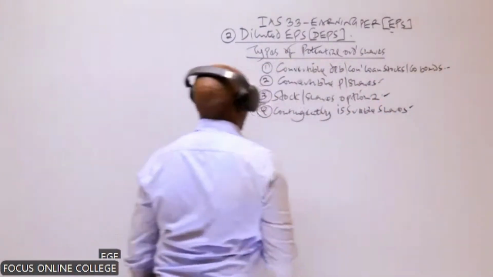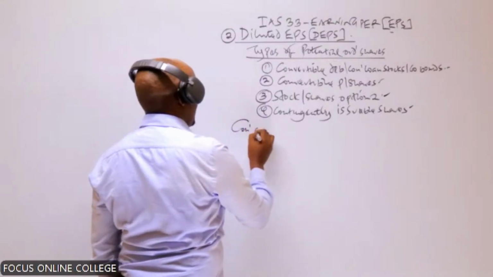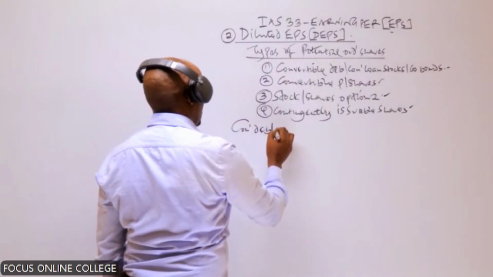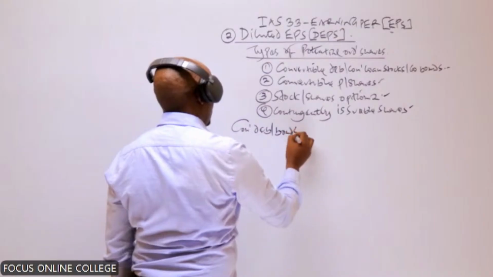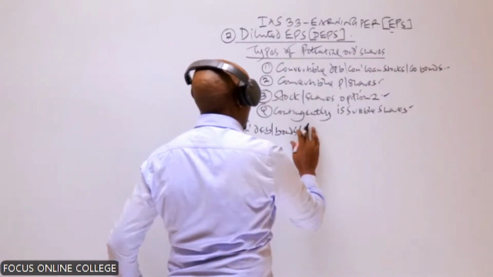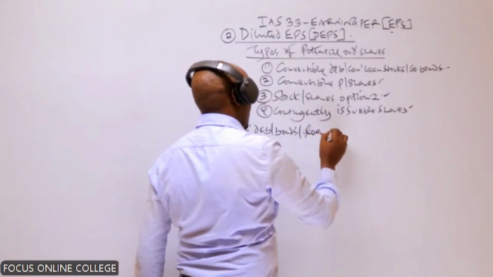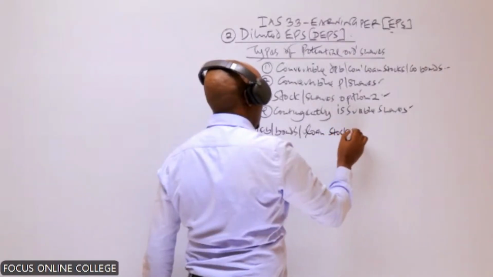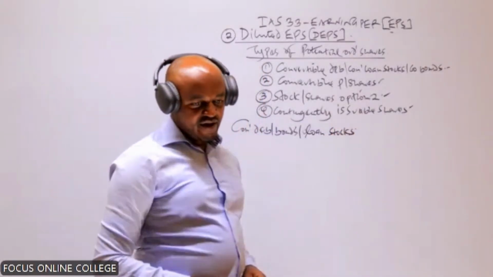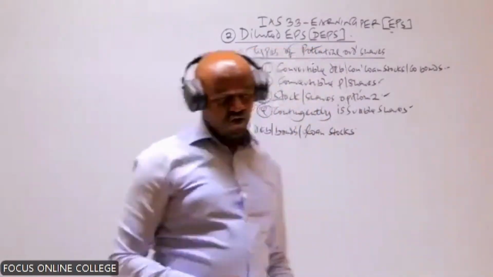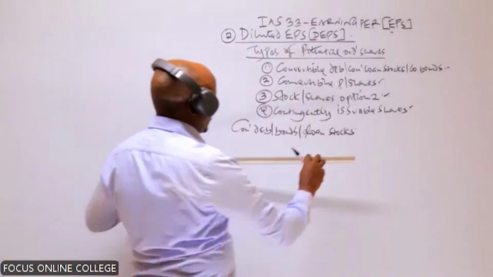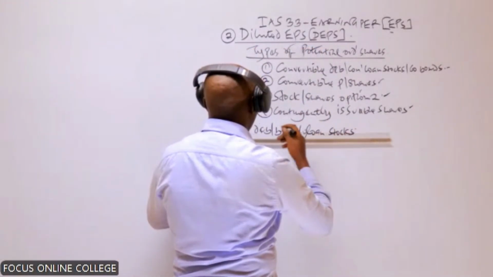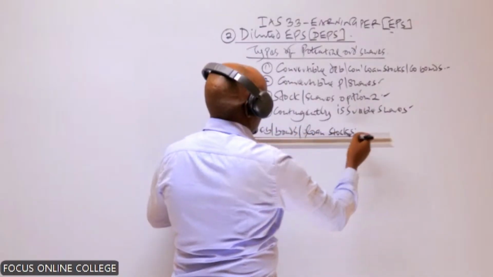So I want us to start with the convertible debentures, the convertible bonds, or basically the convertible loan stocks. And in this case, remember I've said we need to discuss how we compute two items in relation to each of these.